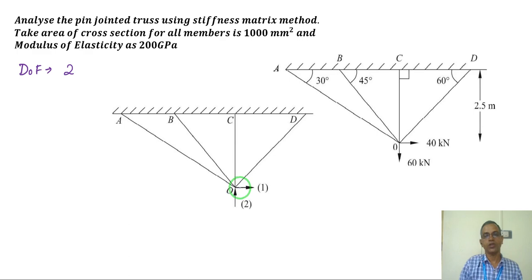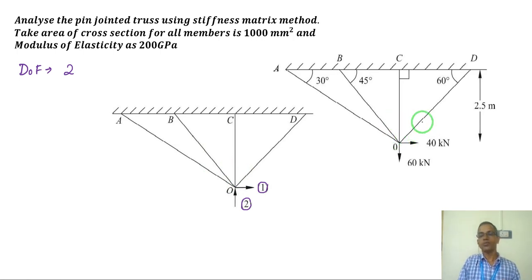Assume the horizontal displacement will be coordinate 1 and the vertical displacement will be coordinate 2. This is the coordinate diagram of the structure. It's very important to write down the coordinates. You can assume vertical to be 1 and horizontal to be 2, doesn't matter, but it's very important to identify.